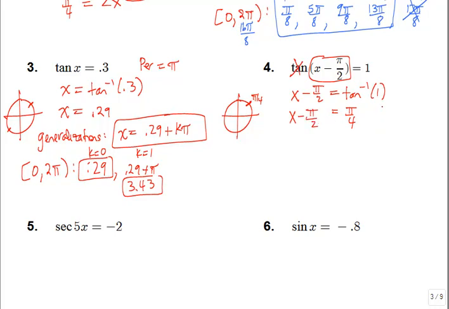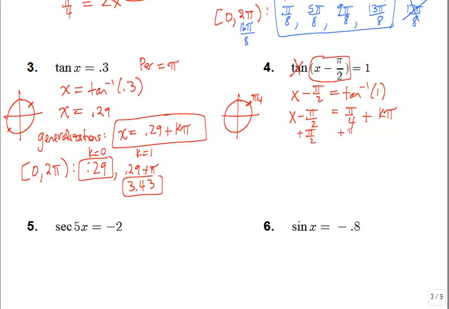and I'm going to generalize it by taking that pi over 4 and adding on our period times k. So k pi, since this is for tangent. Notice that I'm doing that before I finished solving for x here, and that's important. So to finish solving this for x, this one's a little bit different because notice to get x by itself, you have to undo this minus pi over 2, and that requires adding pi over 2 to both sides.